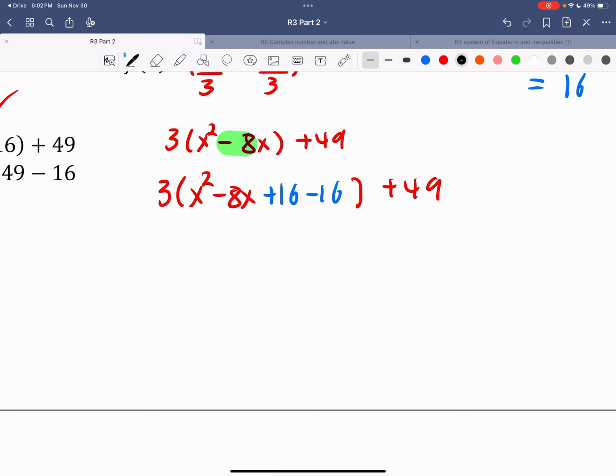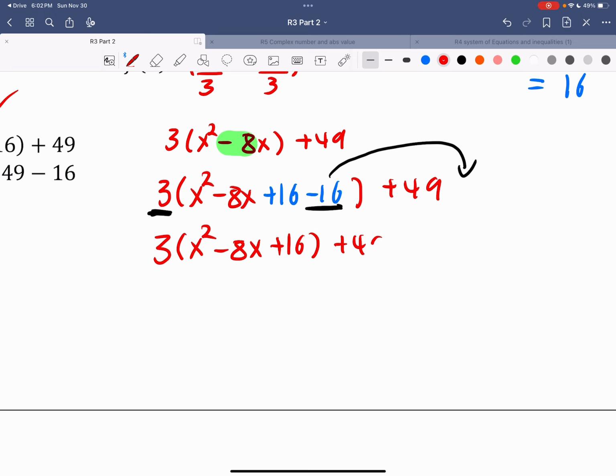And the next step is you always take this number out of the parenthesis, but when you take it out, you gotta multiply it by 3. That's a common mistake that I see all the time, because people usually forget about this. So negative 16 times 3 is going to be negative 48, I believe. Yeah.